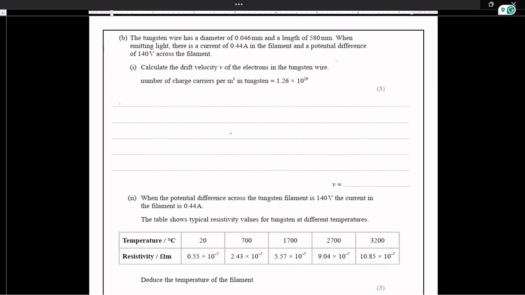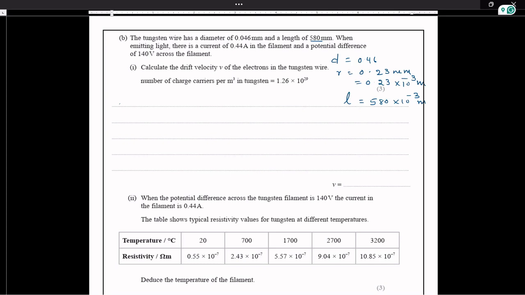The diameter is 0.46, therefore r is equal to 0.23 millimeter, which is 0.23 times 10 to the power of negative 3 meters. And the length is 580 times 10 to the power of negative 3 meters.